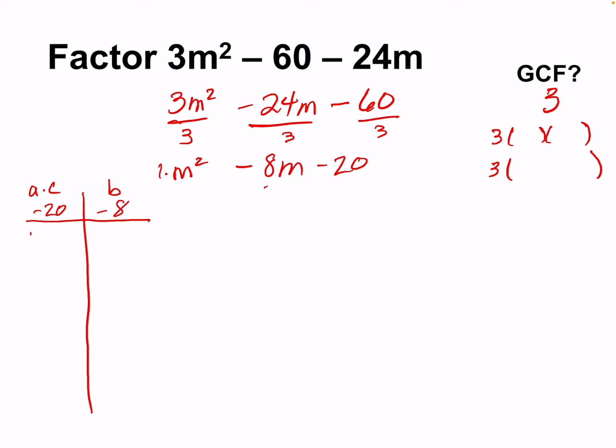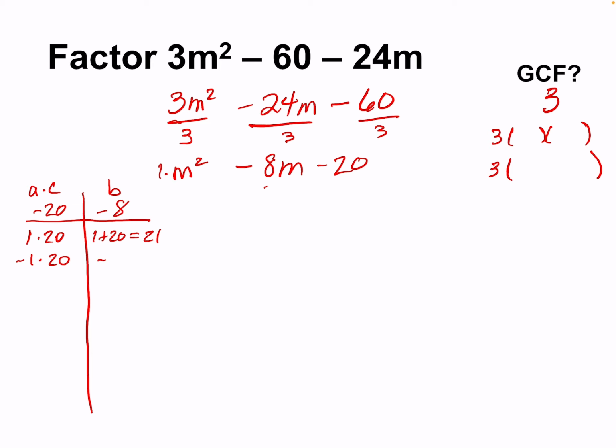All right, if I take 1 times 20, when I add those two numbers together, I get a positive 21. I'm looking for a negative number. All right, what if I did negative 1 times positive 20? That multiplies to give me negative 20.